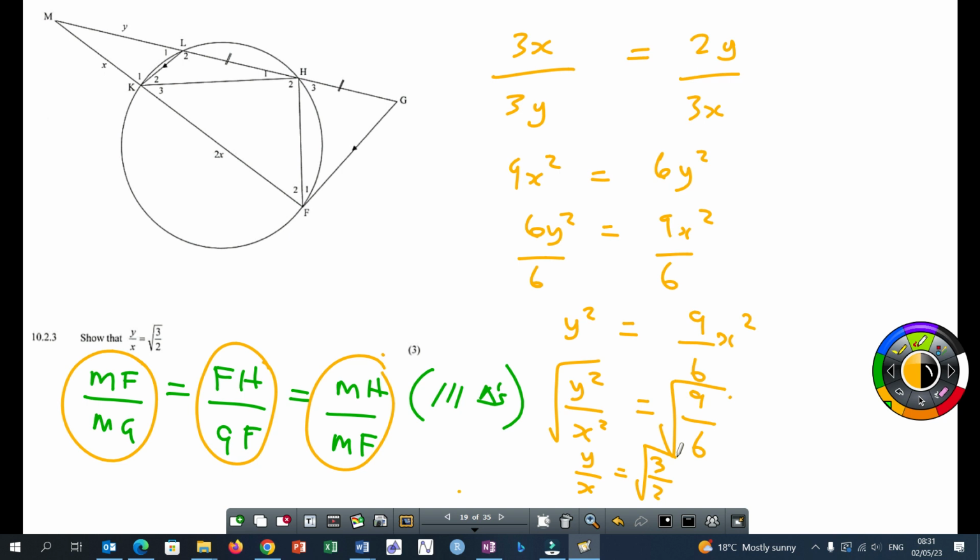So we are just playing around with some terms in x and y. It's just algebra here. There is no geometry at all involved. The only geometry is here, identifying those ratios from similar triangles.